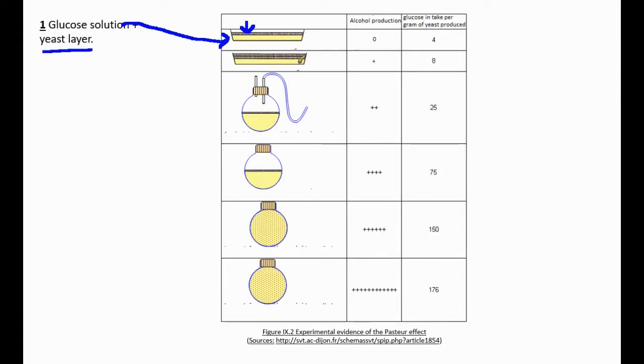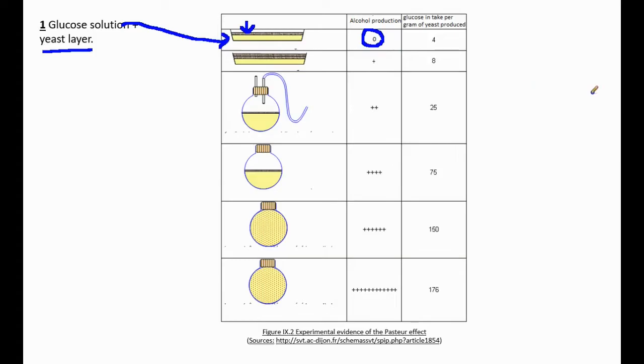So in this opened container, there is a glucose solution at the bottom, and on the surface, there is a layer of yeast. In this experiment, no alcohol is produced. We can deduce that there is no fermentation which is occurring. This seems logical because we've got lots of air, therefore lots of dioxygen coming into the medium, so yeasts are doing respiration.